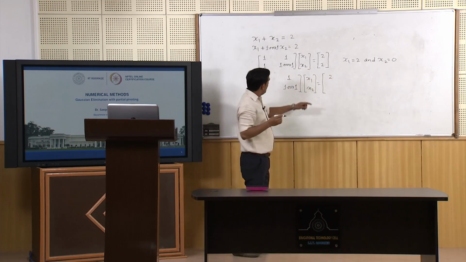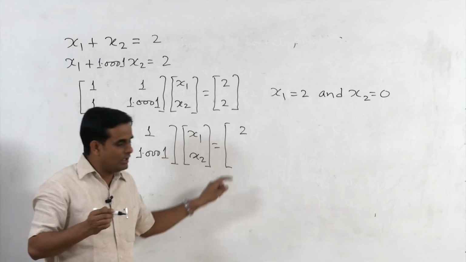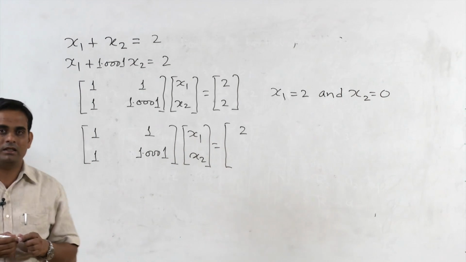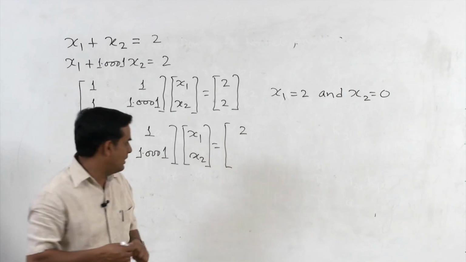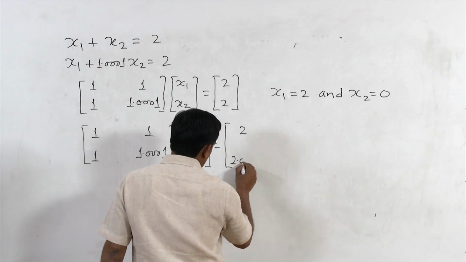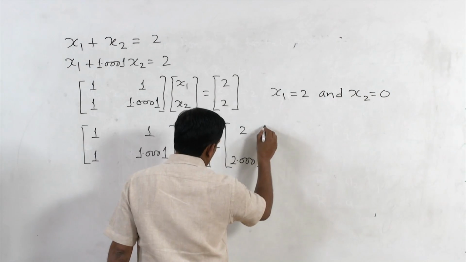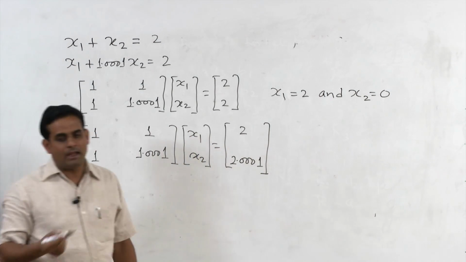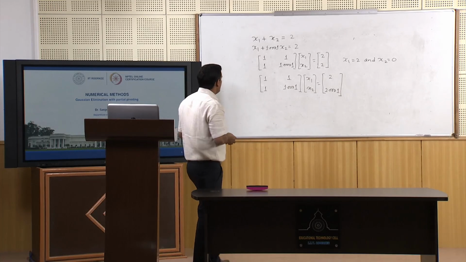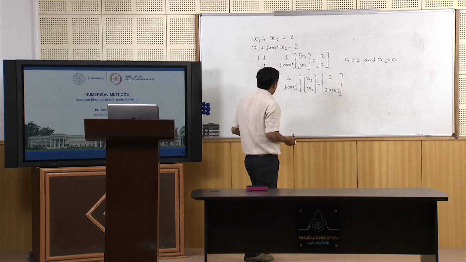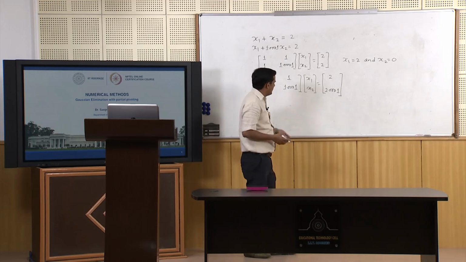In the right hand side entry of the second equation, earlier it was 2, but it has become, let us say, 2.001 due to some error. It may be some numerical error or some error in the measurement, maybe some sensor error.